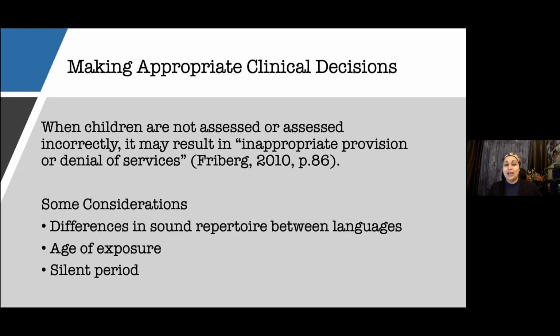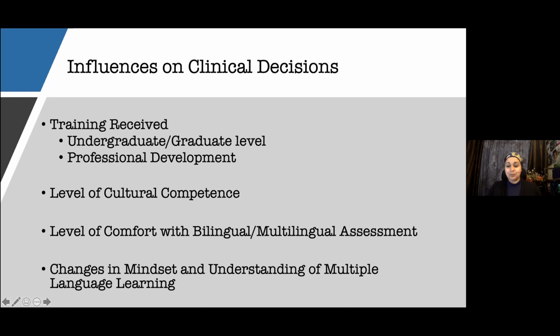And really, I have to educate a lot of people around me, because they don't know about it. And again, they're diagnosing these kids with something else going on. So influences on cultural decisions are based on the training you've received at the undergraduate, graduate level, and professional development, your level of cultural competence, your level of comfort with bilingual, multilingual assessment, and changes in mindset and understanding of multiple language learning.